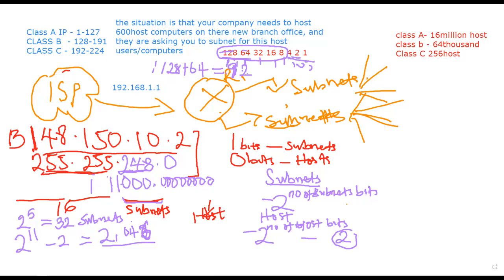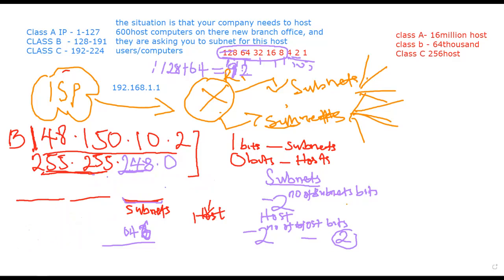Let's remove everything and clean up. I think we are almost there. Almost resolved this whole subnet into 600.